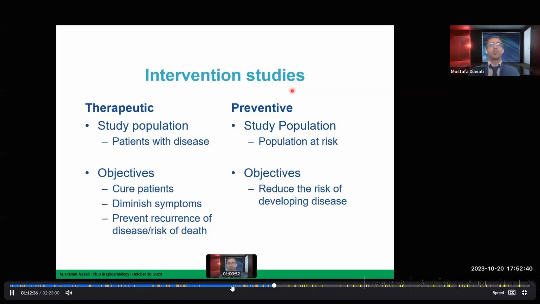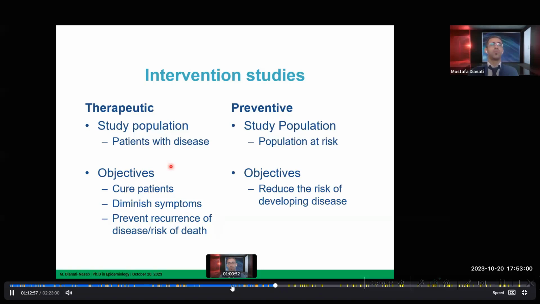So interventional studies can be categorized as therapeutic or preventive studies. For example, the study population here is patients with a disease. And then we can have different objectives for this kind of studies, okay?